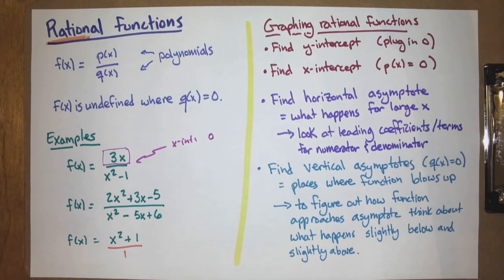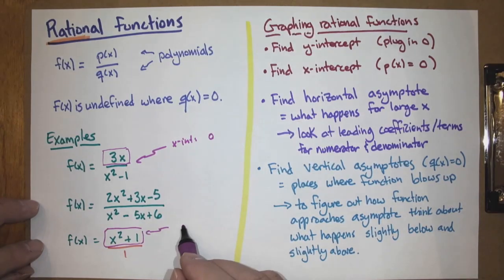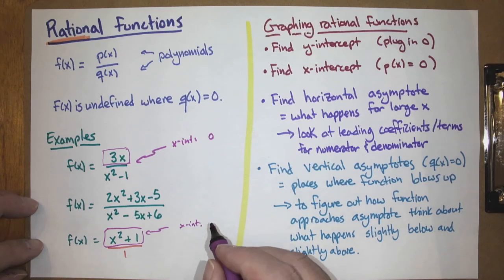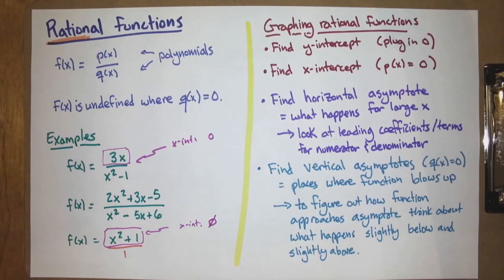Which, by the way, is also going to be the y-intercept. This happens to go through the origin. Maybe we can jump down to x squared plus 1. What's the x-intercept here? Yeah, there's not one. So there's a fancy symbol that we use that looks like this. Have you seen this symbol before? Do you know where it comes from? Do you know what it represents?